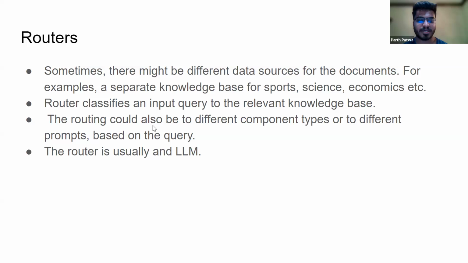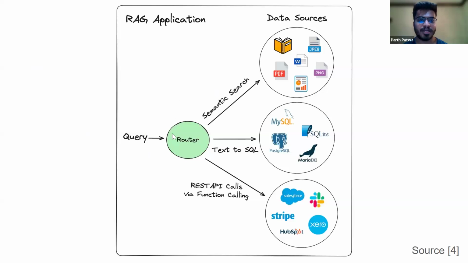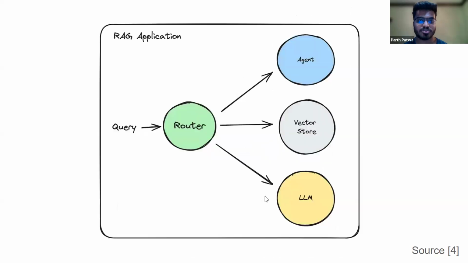So this helps us because we can add multiple knowledge bases and data sources, and they could be vastly different. It could be Wikipedia, it could be Salesforce, Slack, Gmail, and so on. And routers are not just restricted to choosing the knowledge source, but many other things like data sources, obviously, where we decide if we need a semantic search, or do we need a text to SQL, so we can query a structured database and so on.